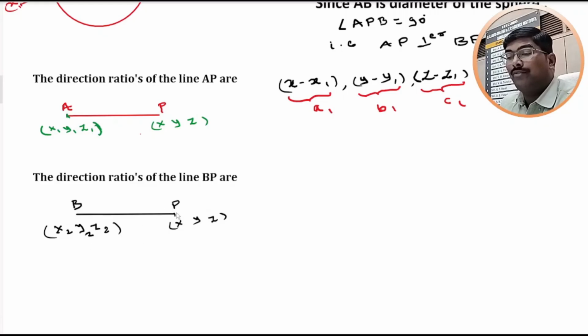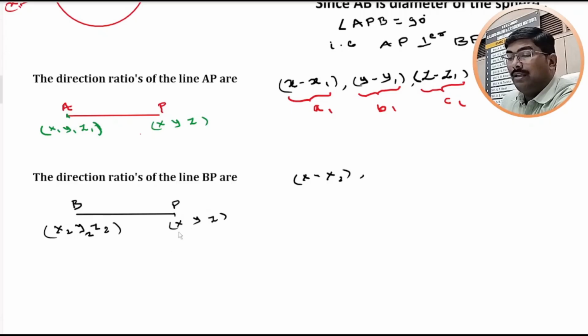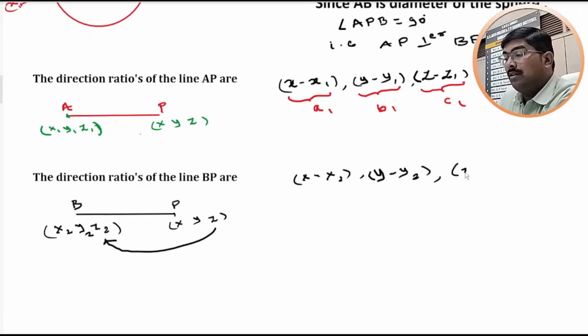Then the direction ratios of the line BP are x minus x2, y minus y2, and z minus z2, and these direction ratios are denoted by A2, B2 and C2.